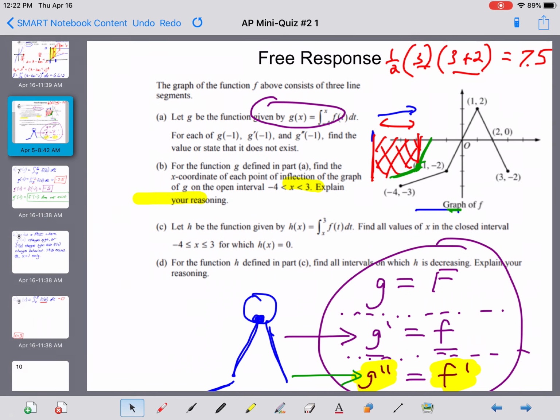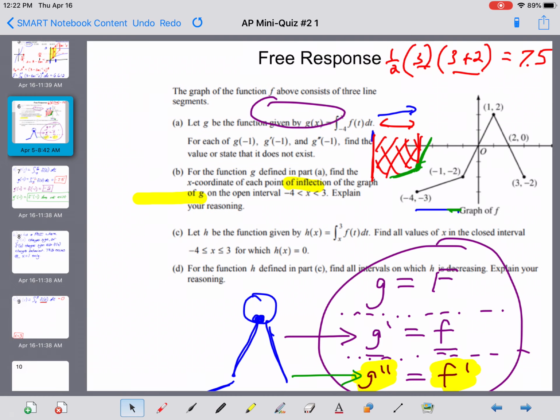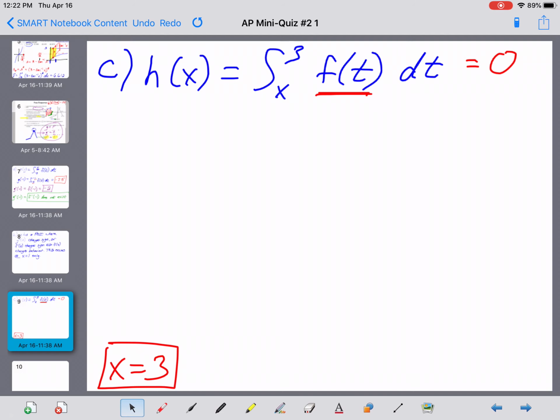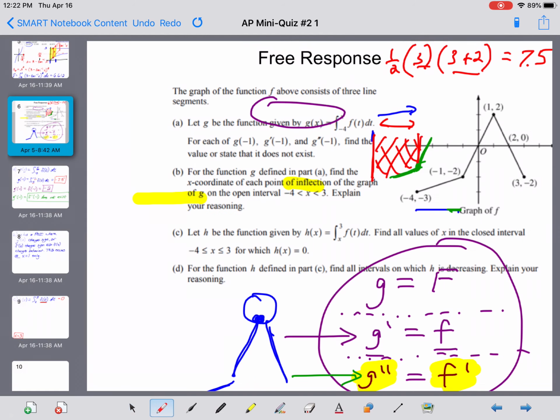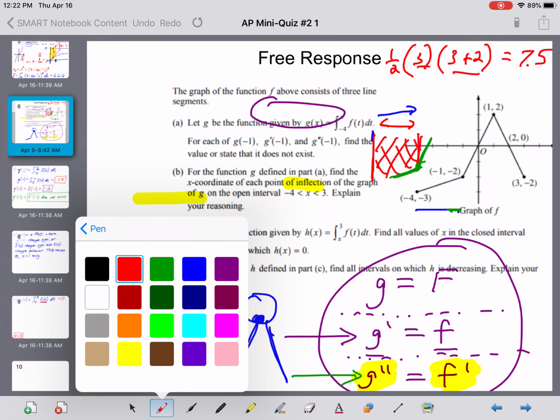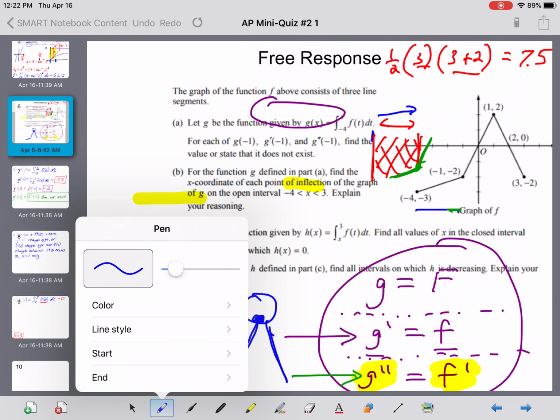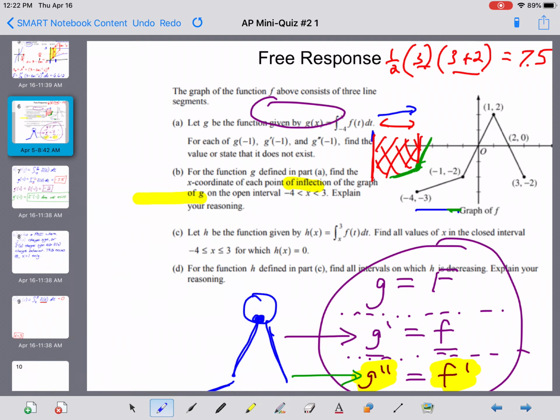All right, anyway, this is the graph that we're looking at right here, and we want to know anywhere else that an integral starting at 3, that's important right there, guys, an integral that was starting at 3 and ending somewhere, and it would have to be to the left here, was going to equal 0. Okay, so if we begin this graph right here and kind of work from right to left, I'm hoping we can see that the first spot I see something like this happening is right here at 1.